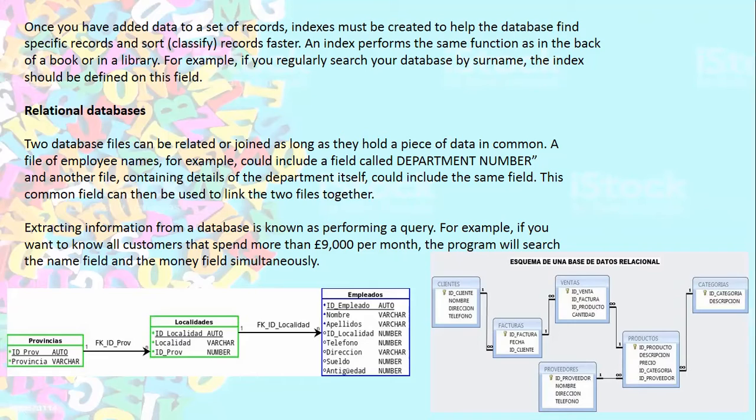An index performs the same function as the one at the back of a book or in a library. For example, if you regularly search your database by surname, the index should be defined on this field.